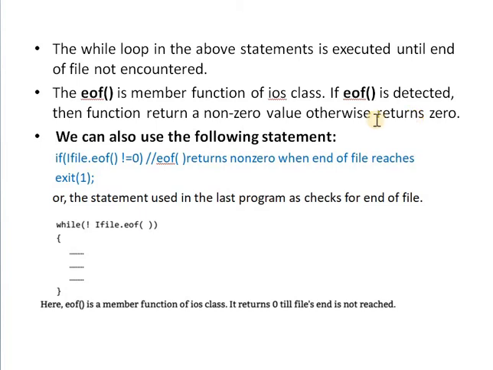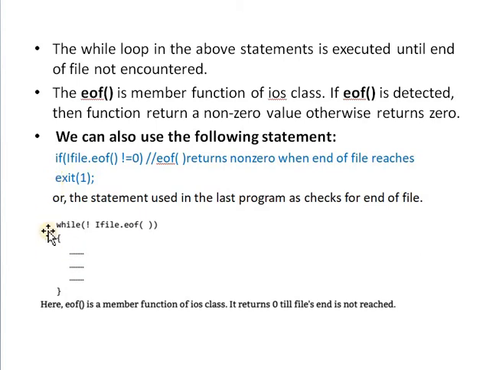For example, here is a syntax: if file dot EOF not equals to 0, that means the EOF function returns a non-zero value, then the exit status is applied. Here the condition is checked.